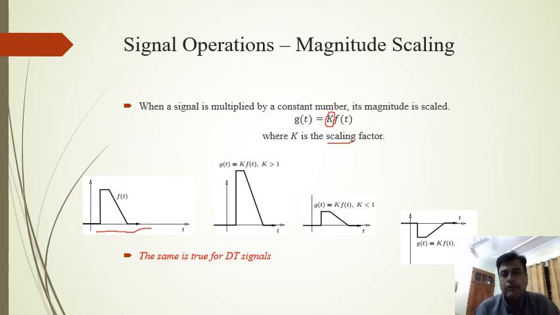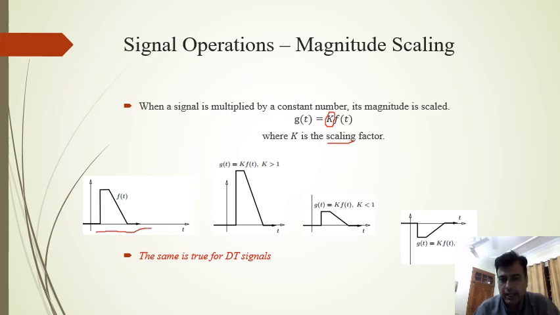Similarly, if the scaling factor k is less than 1, then the magnitude of the resultant signal will be decreased. For example, here g of t equals k f of t, but k is less than 1. So you can see that the magnitude of this signal g of t is less than f of t, because k is less than 1.